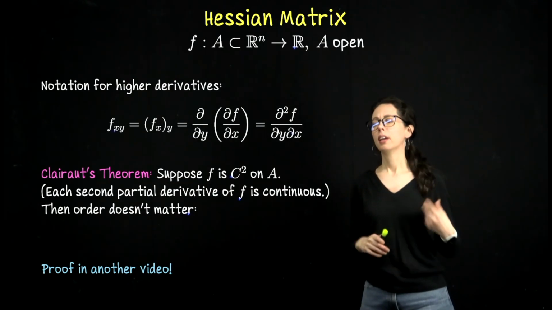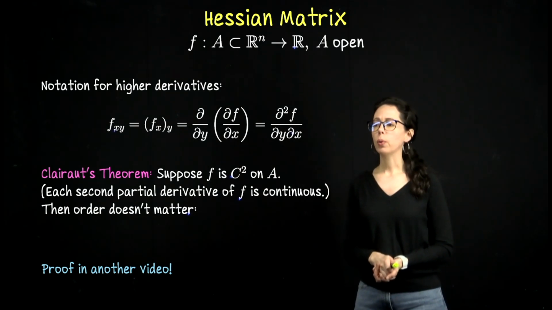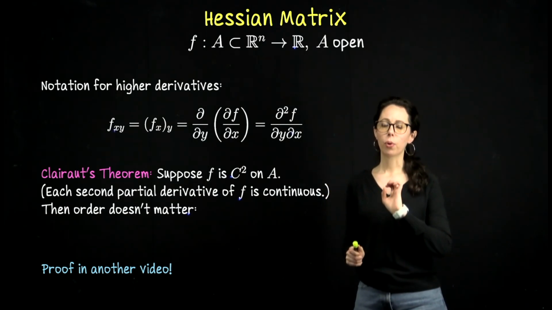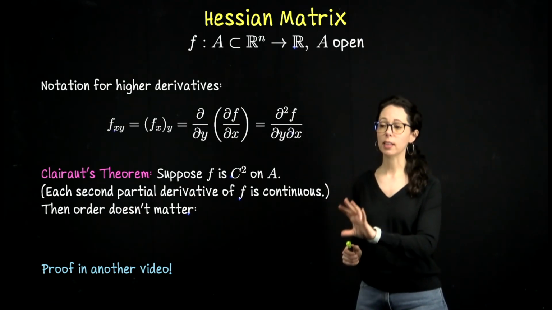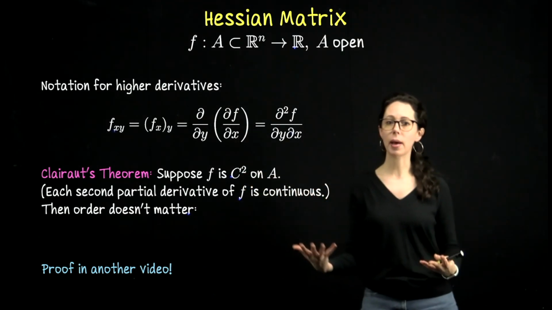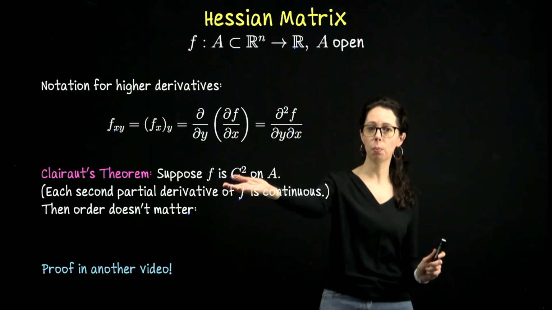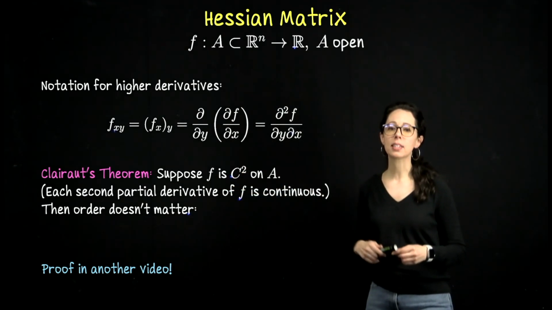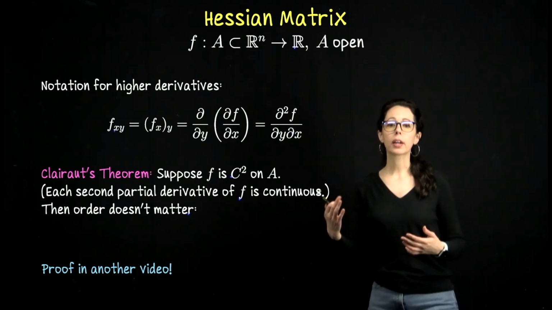This is another concept that I think you would have learned in multivariable calculus. I will just state this here. For all of the functions that we look at in our study of real analysis 2, Clairaut's theorem will hold. Meaning that if I'm talking about second order differentiation, the function f in question is class C2. C2 means that first and second partial derivatives not only exist, but are continuous.